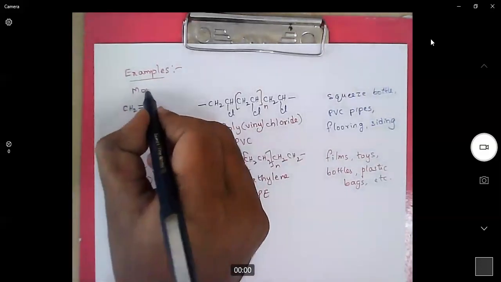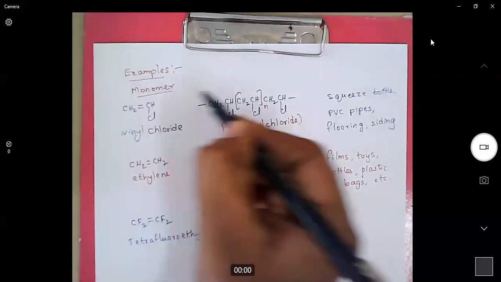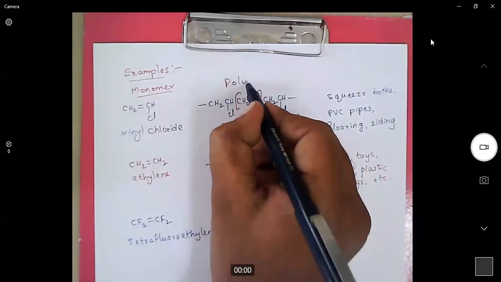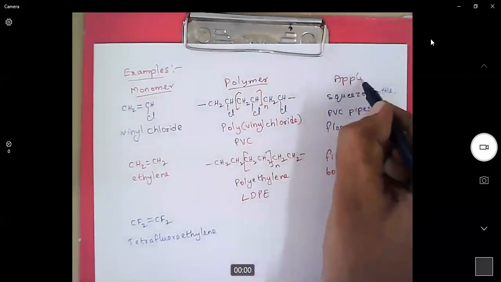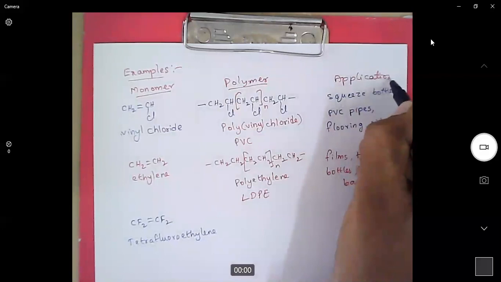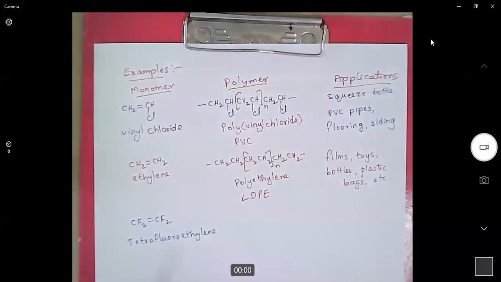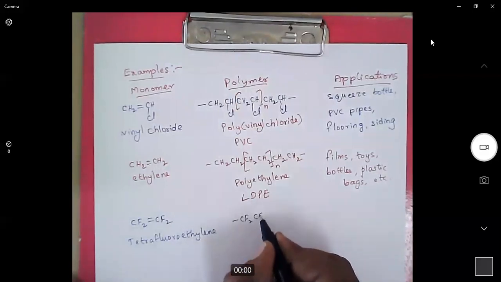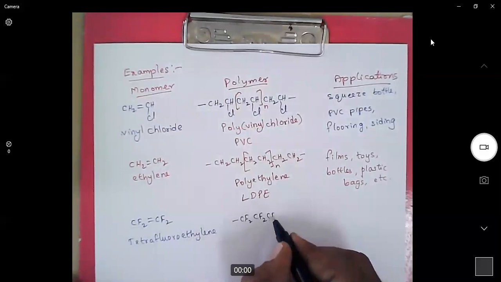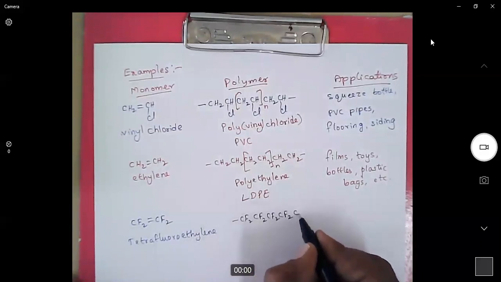This is the monomer. This is the polymer. And these are applications. Now, tetrafluoroethylene undergoes polymerization to give polytetrafluoroethylene.